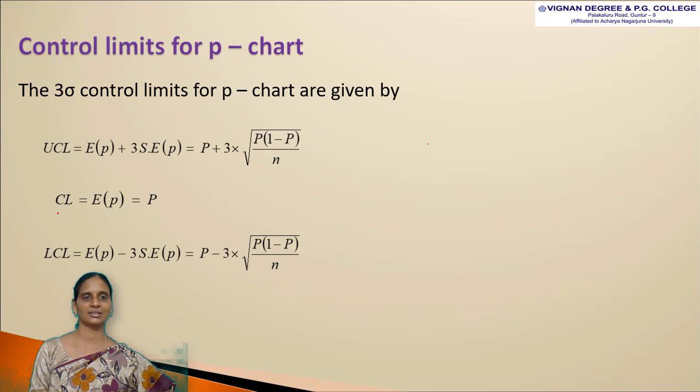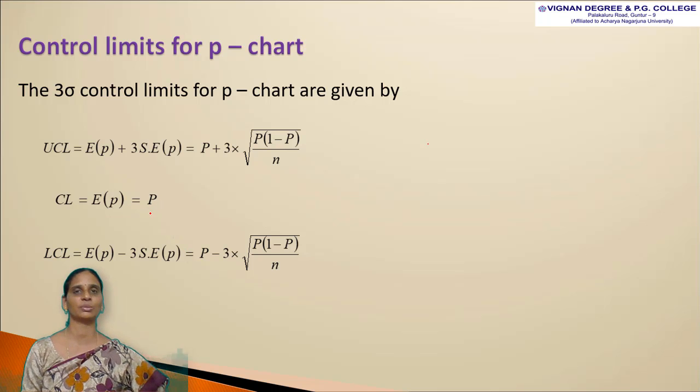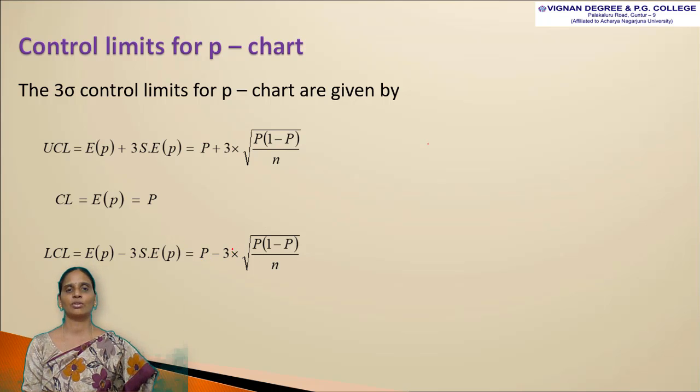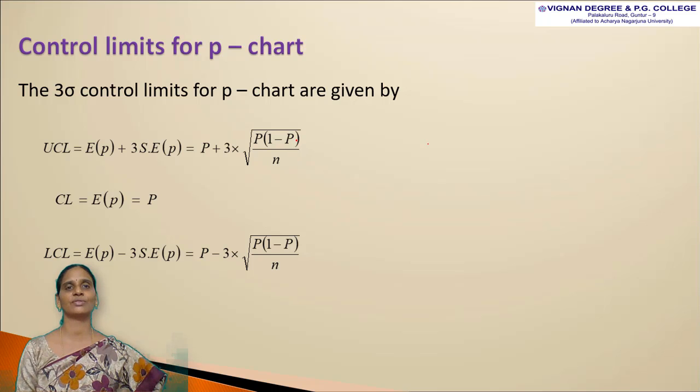The central line CL is equal to expectation of p, that is capital P. And the lower control limit LCL is equal to expectation of p minus 3 into standard error of p, that is capital P minus 3 into the square root of P into 1 minus P divided by n. So these are the 3 sigma control limits for the P chart.